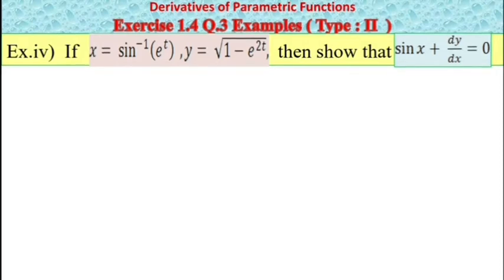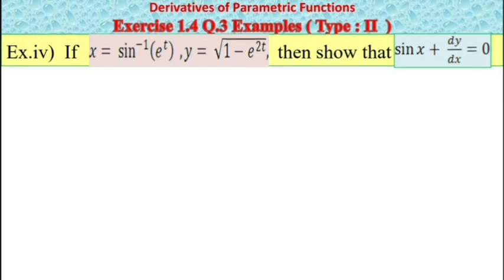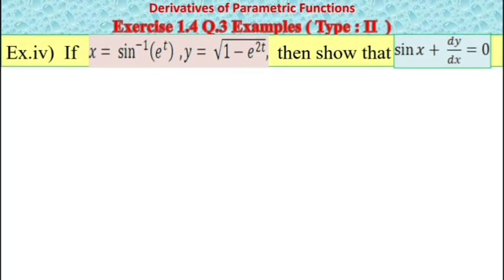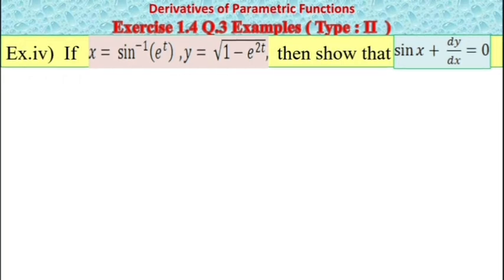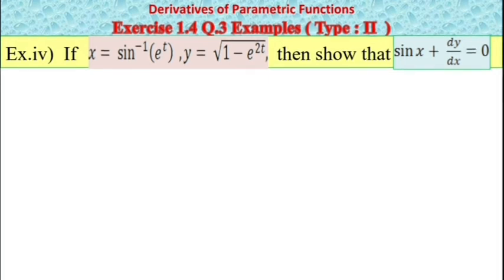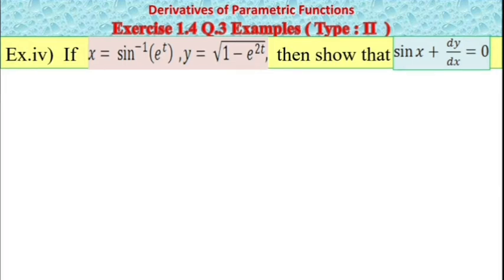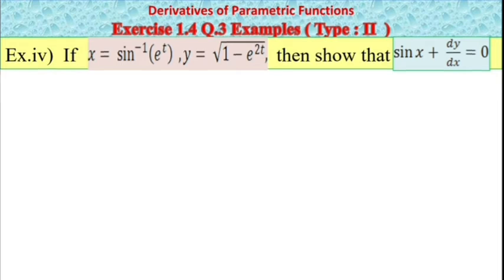Dear students, now we start the next example, that is the last example of exercise 1.4, question number 3, type 2. Example number 4: if x equal to sin inverse of e raised to t and y equal to root of 1 minus e raised to twice t, then we have to show that sin x plus dy by dx equal to 0.